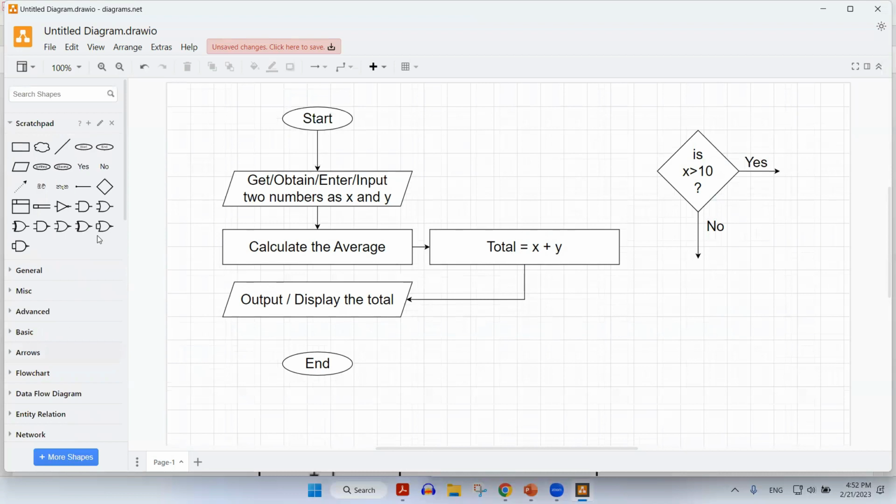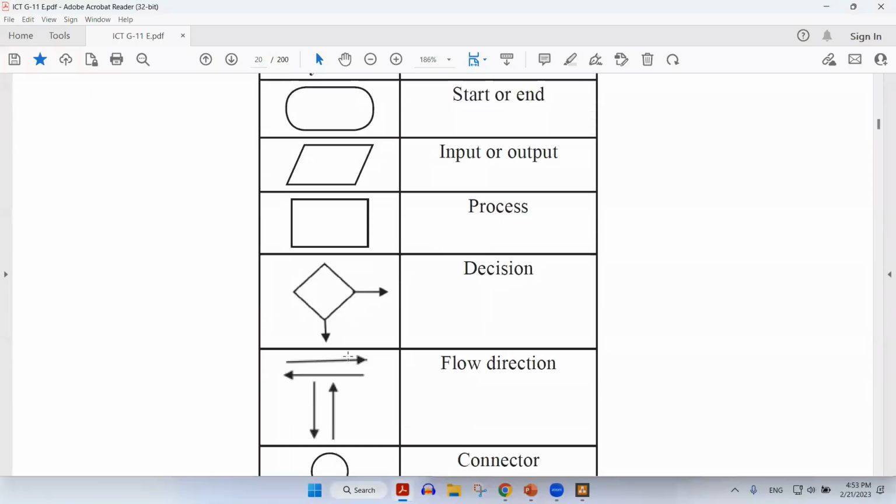And there is a rarely used symbol called the connector, which in your syllabus we use to connect your flowchart. If your flowchart goes beyond one page, if it is continuous from one page to another, then we use a connector, which is given as a circle. I'll show you the symbol over here.